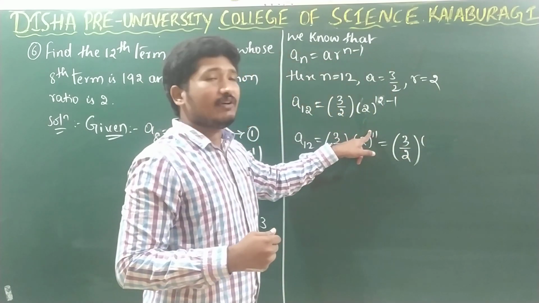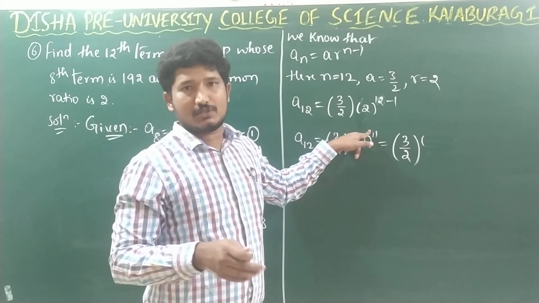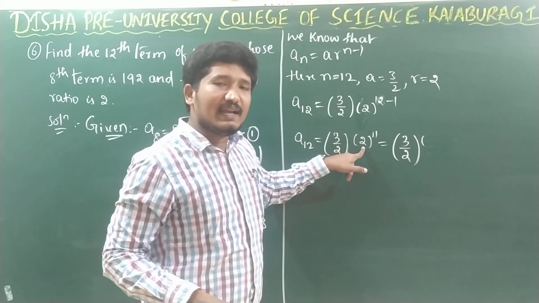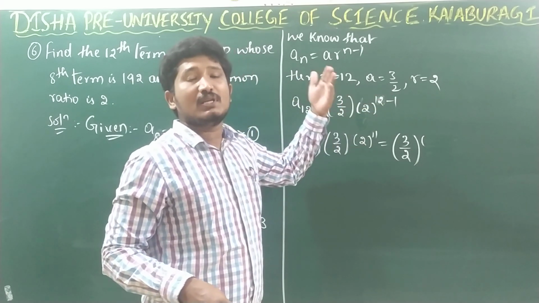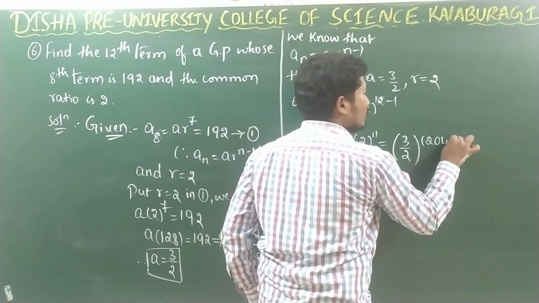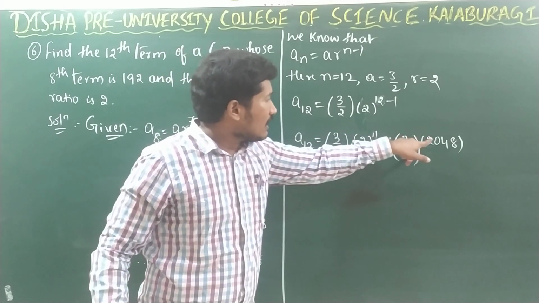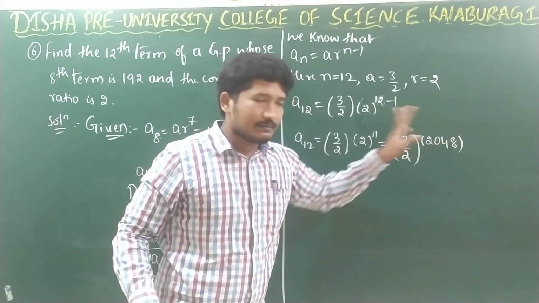See, 2 power 11 is nothing but what? 2 is multiplied 11 times, right? So when you multiply 2 eleven times, the answer you get will be 2048. You multiply 2 eleven times and check, the answer will be 2048, right?